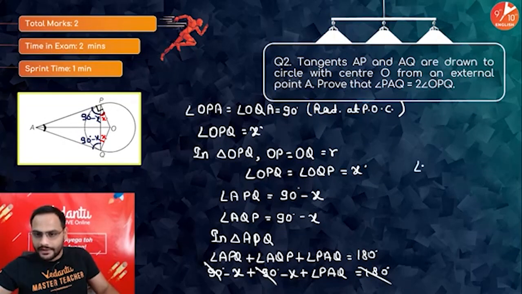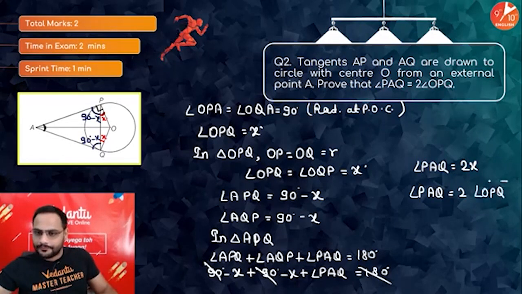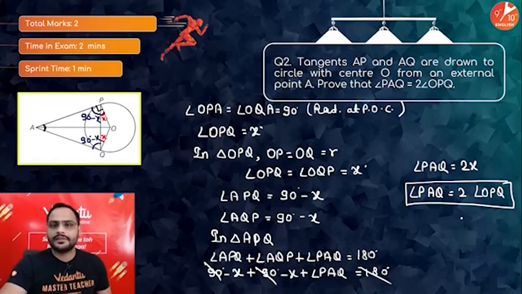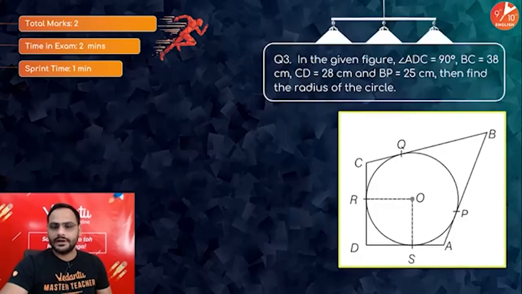You will be getting angle PAQ minus X is 2X. Shifted over there will become 2X. That means angle PAQ can be written as 2 times of angle X, I have taken as angle OPQ. And done. Right? Based on angles. Pretty easy. Okay guys, so this is how this question will be done.